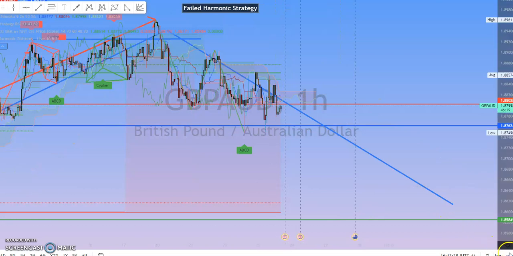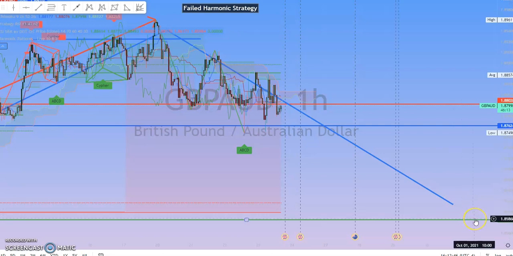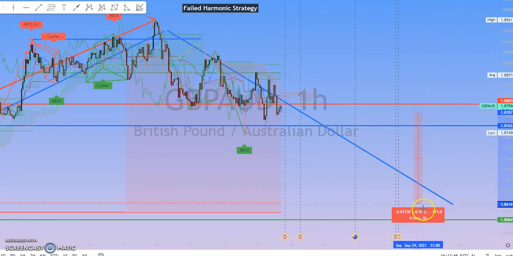I got this thing on auto. About right here. October 1st. So I'm going to come back and check it. By October 1st, thereabout, it should drop 200 pips, okay?